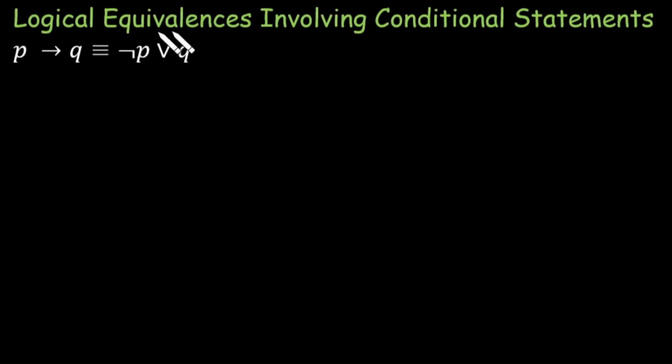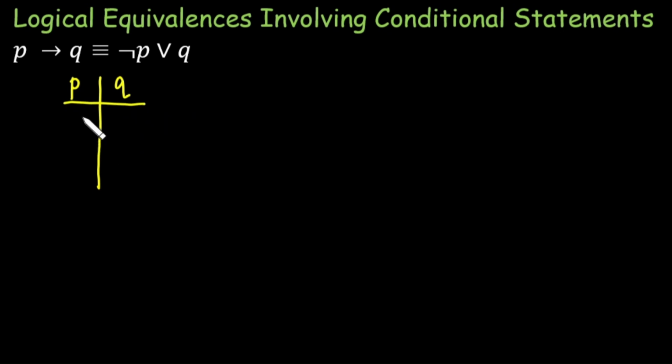Next is logical equivalence involving conditional statements. The first and most important one is P implies Q. This is logically equivalent to not P or Q. Let's prove this one by using the truth table. So here we are taking two propositions P and Q. So the total number of possible cases in a truth table is 4.